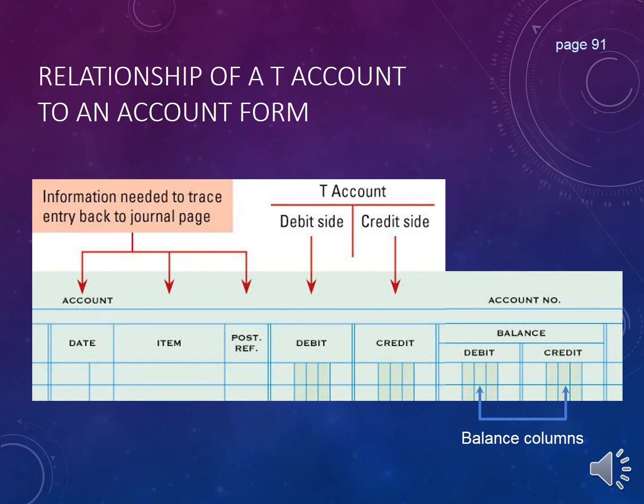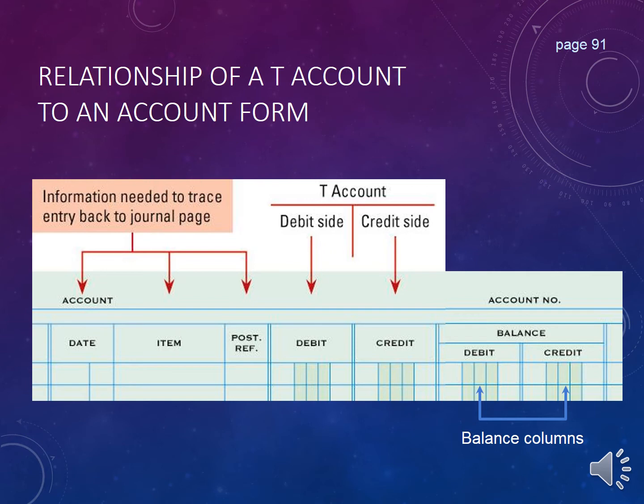When we worked with T accounts, we had a debit side and a credit side. We know that on that T account, there is an increase side and a decrease side. The increase and decrease side are determined by the accounting equation. So when we match up our T account to our general ledger form, we are going to see that we have information that will trace an entry back to a journal page.